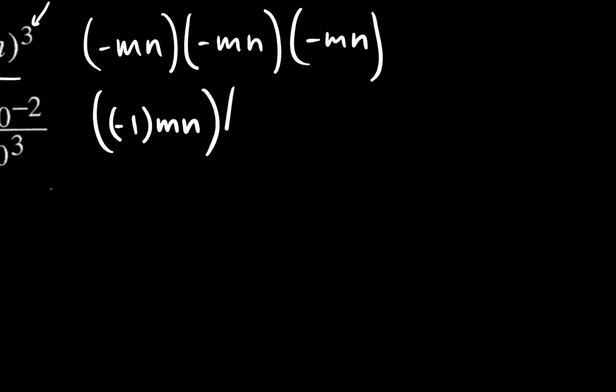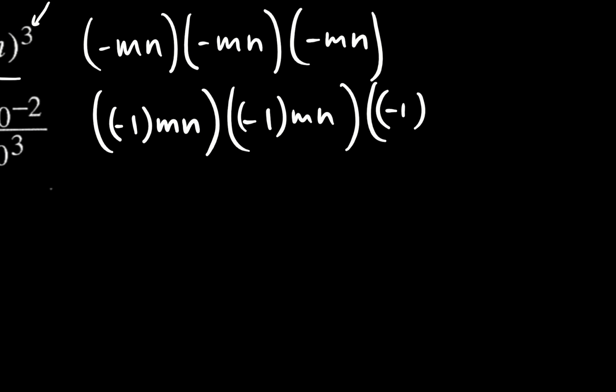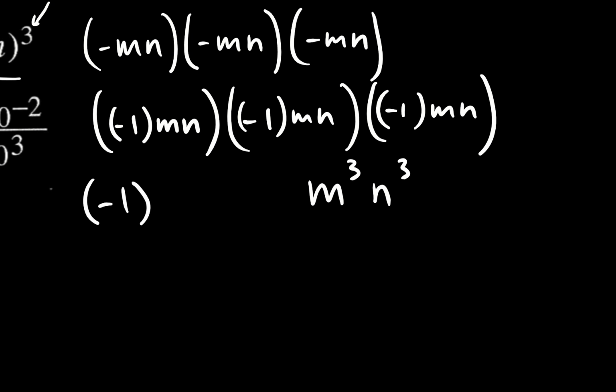And if I write that out 3 times, there's my negative 1 mn, and my negative 1 mn, and my negative 1 mn. What I have here in terms of m is three factors of m, and three factors of n, so that would be n to the third. And I also have three factors of negative 1.